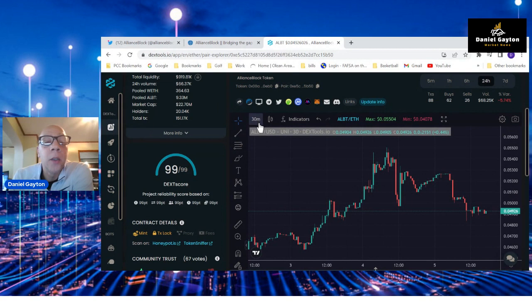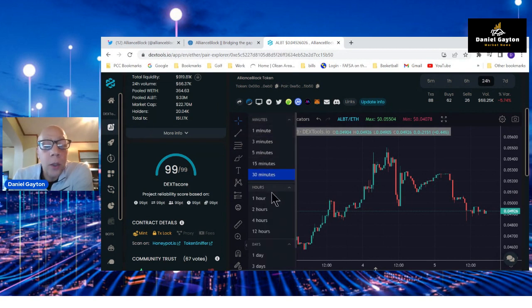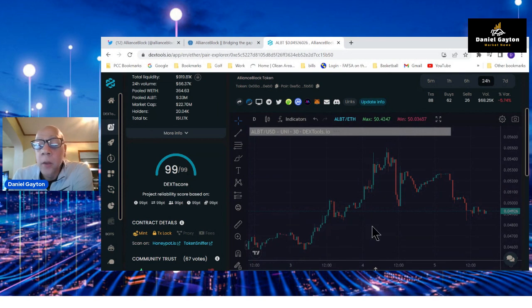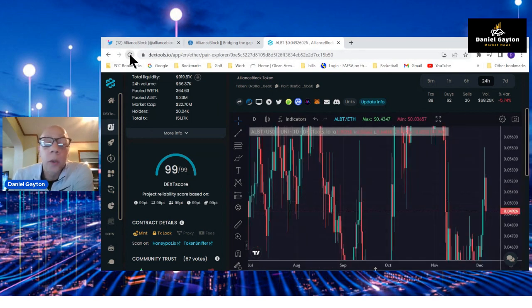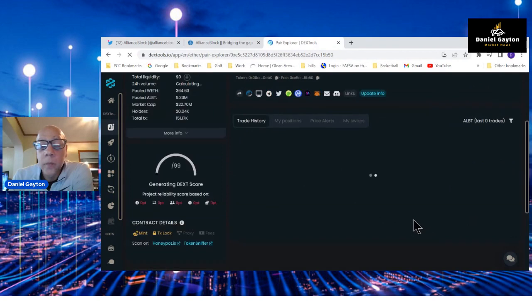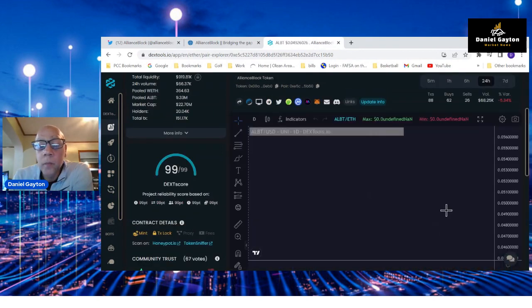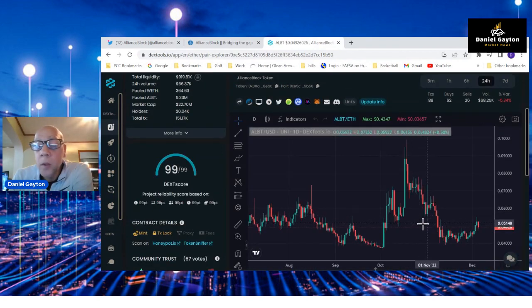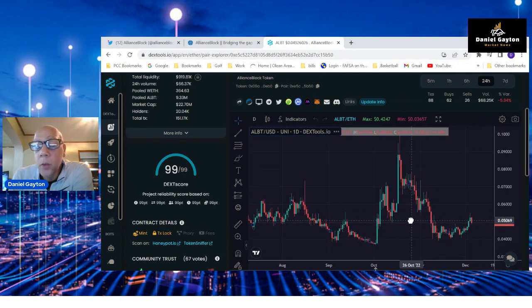This is the 30-minute chart. We want to go to the daily. Let's switch this over here to the daily and see what we come up with. All right. So, I mean, it had a nice little run up over here to almost 10 cents.